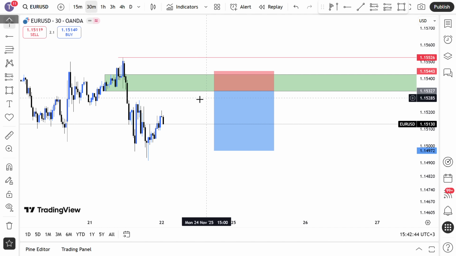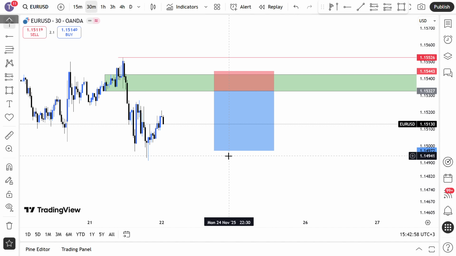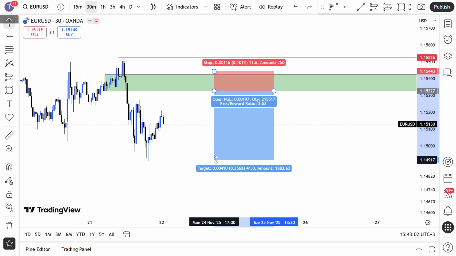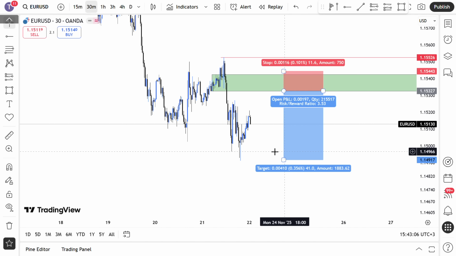But let's wait for a confirmation because there is no clear view on Euro USD. I think price will come back to fill this fair value gap and tap into that 4 hour order block before we have the move to the downside. So my entry on Euro USD will be from that area. I'll wait to see what price will have for me.